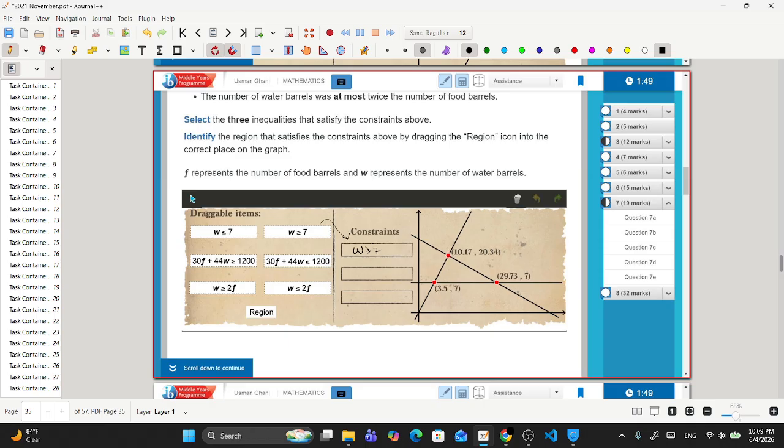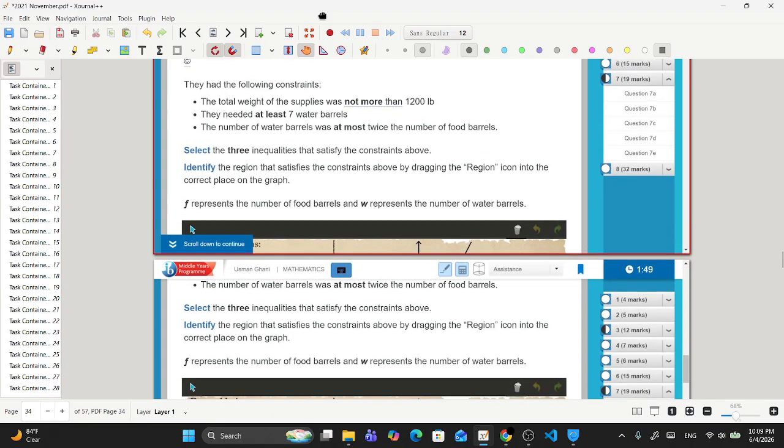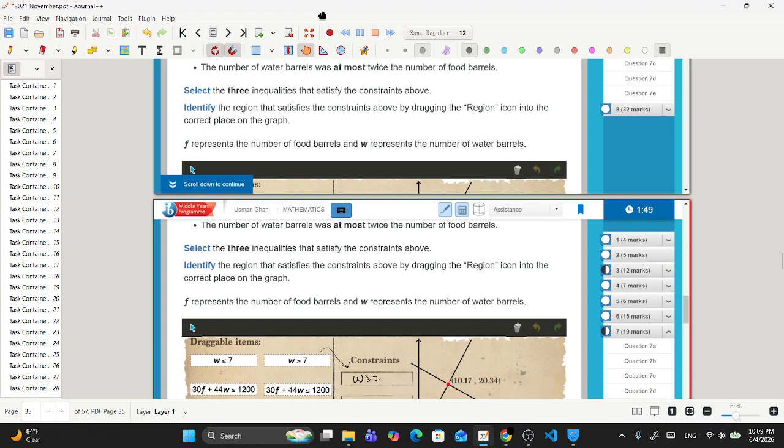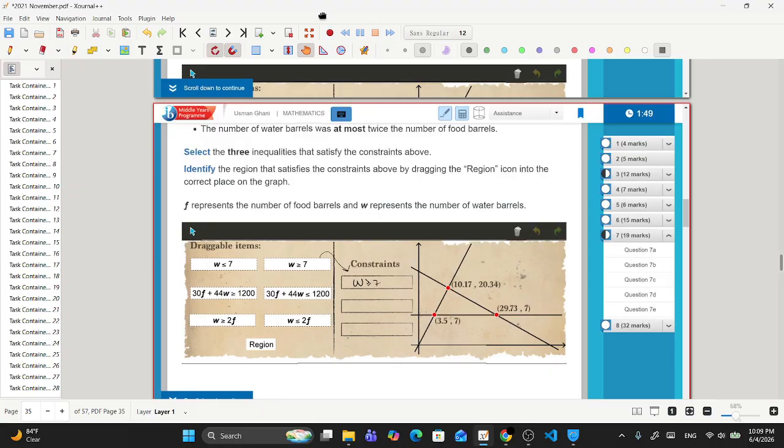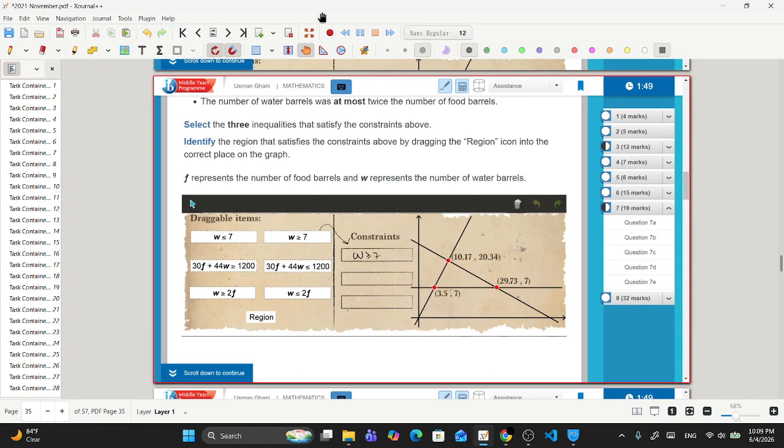So you have to just write down the constraint in the form of an equation. That's all that you have to do. Then it says, what else was the constraint? The number of water barrels was at most twice the number of food barrels. This can be written as this one. W is less than or equal to 2F.